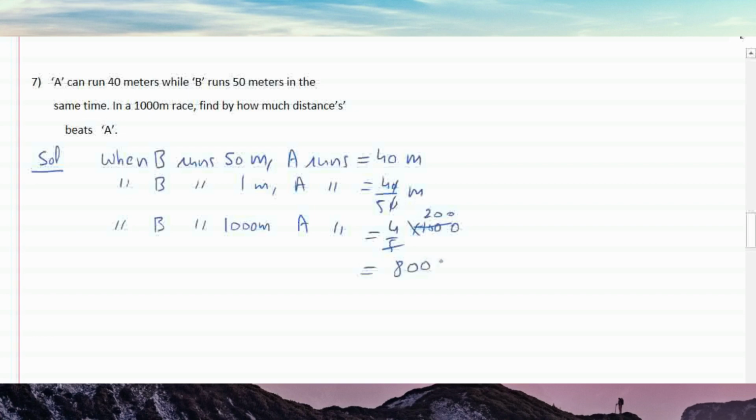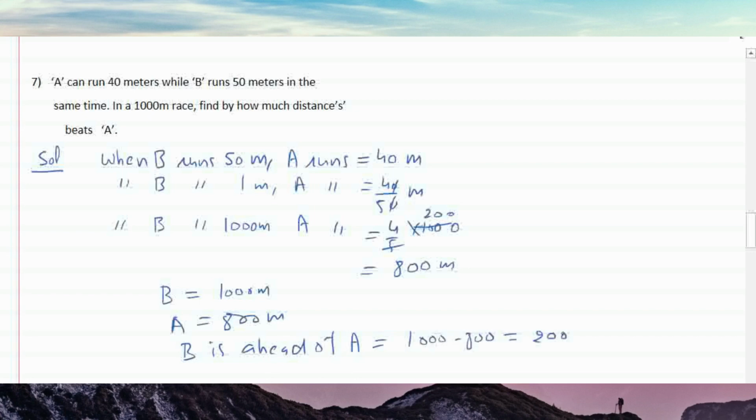Now you can see, distance traveled by B is 1000, and A is 800. So you can say here B is ahead of A. By how much distance, children? This is 1000 minus 800. So you can see answer to this question is 200 meter.